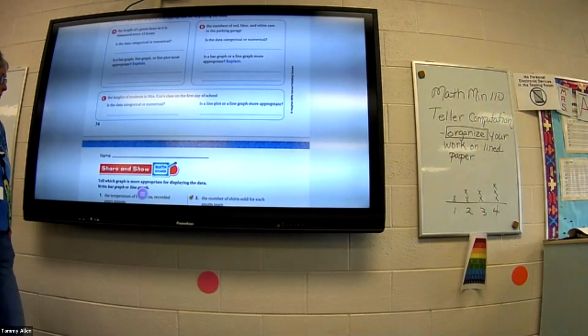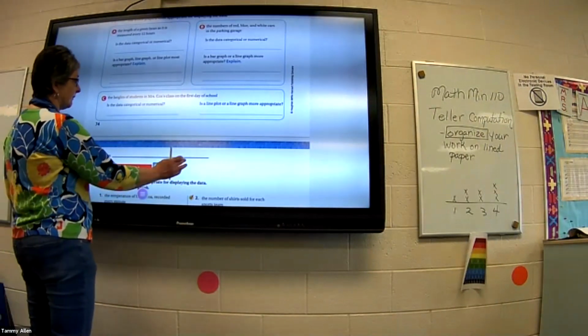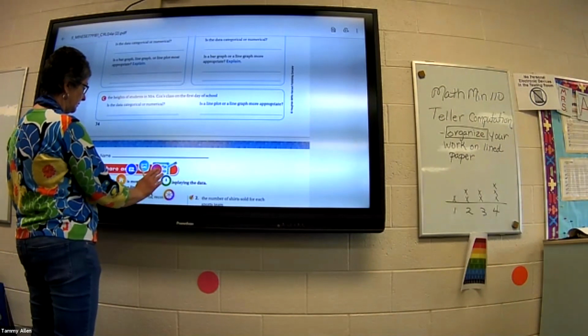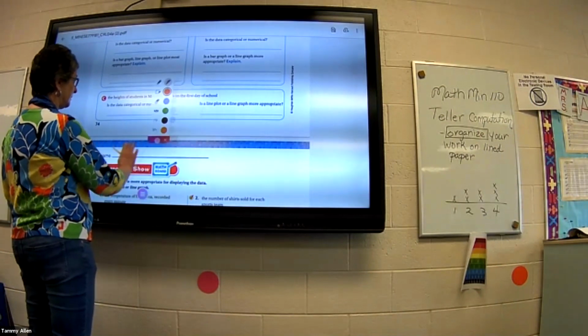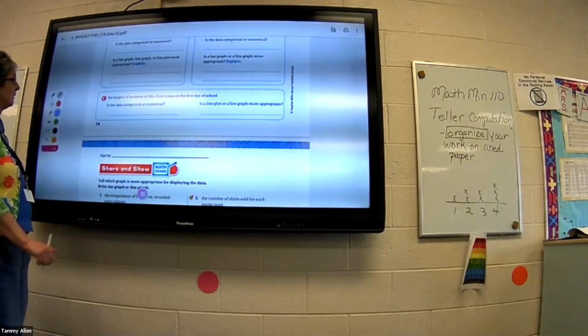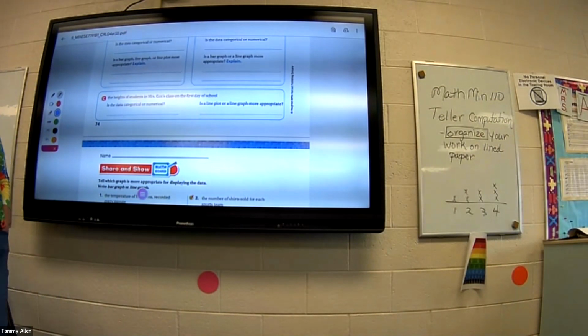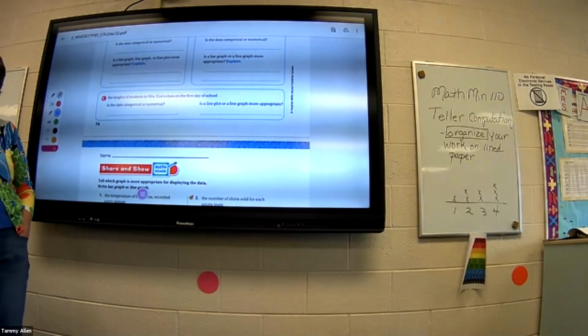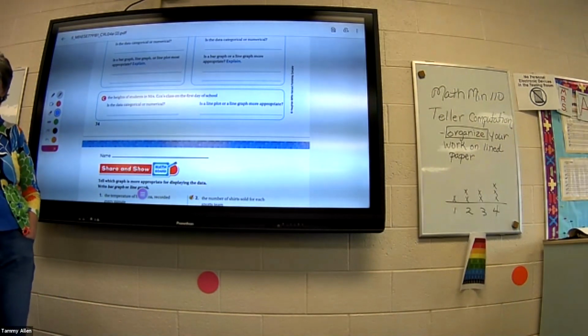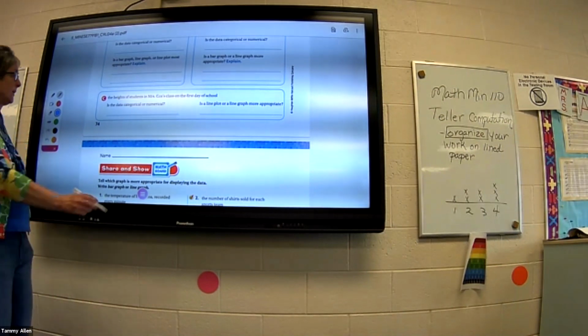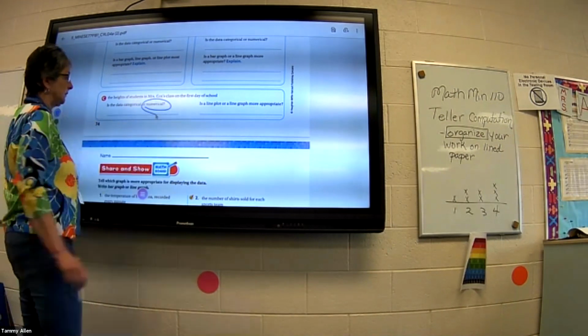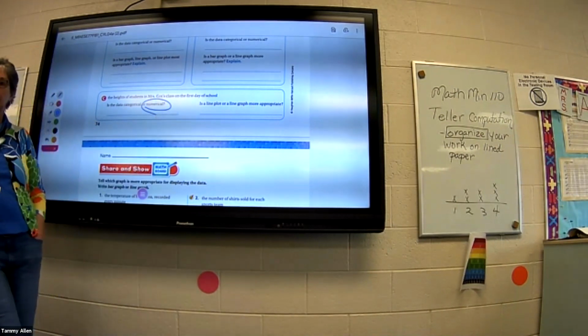Part C, the heights of students in Mrs. Cox's class on the first day of school. Categorical or numerical? How many think it's categorical? Numerical. It is numerical. Line plot or line graph?